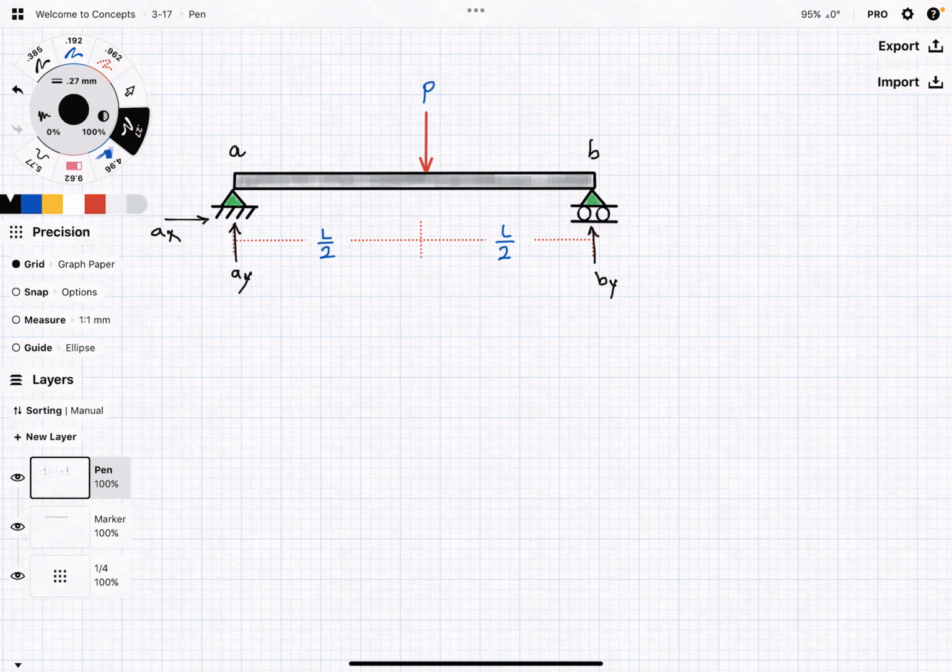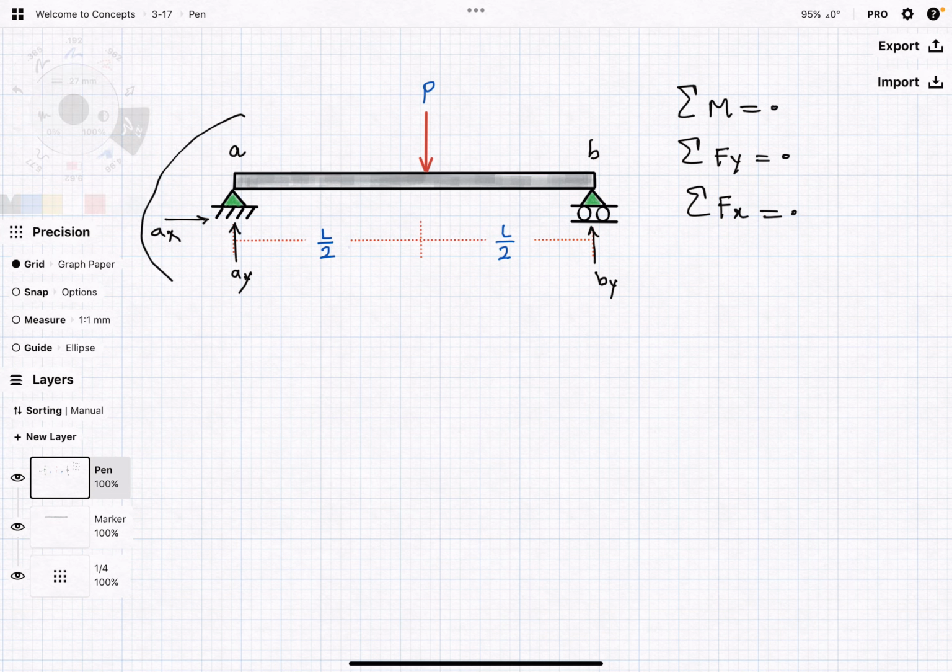We can use three equilibrium equations. Sigma M should be 0, sigma F in y direction should be 0, and also sigma F in x direction should be 0. So let's start with moments.